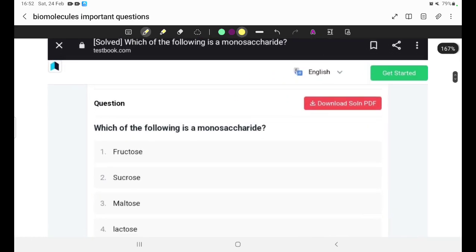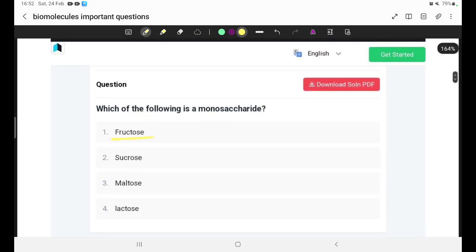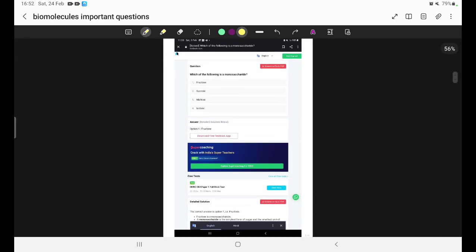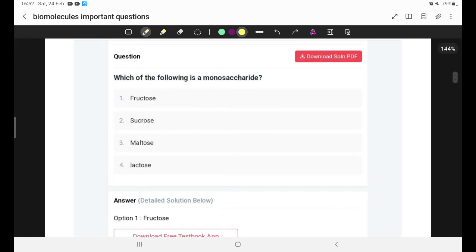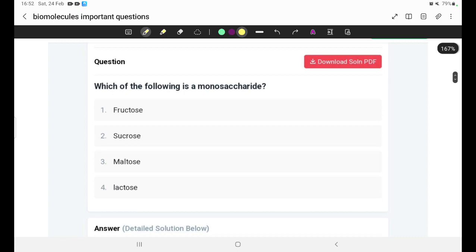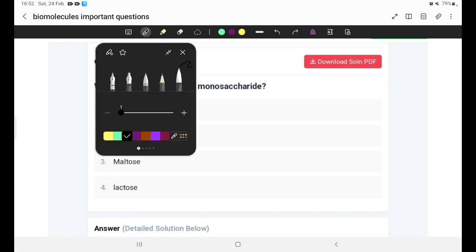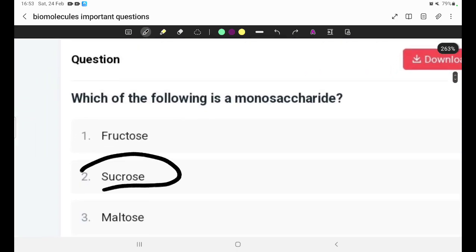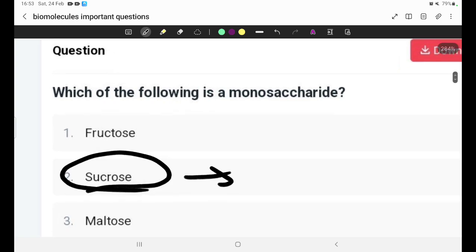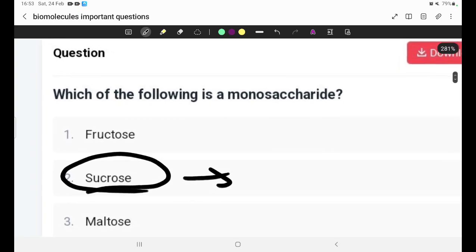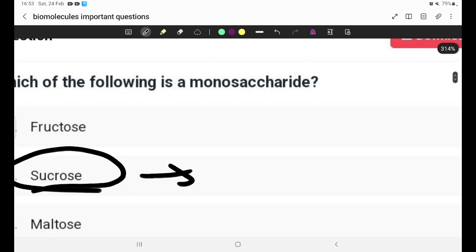Next is, which of the following is a monosaccharide? Fructose, obviously, because sucrose also can be, but fructose is the best one. Maltose, it can't. No, sucrose is not a monosaccharide. It is a disaccharide, right? Obviously, because sucrose will produce glucose and fructose.